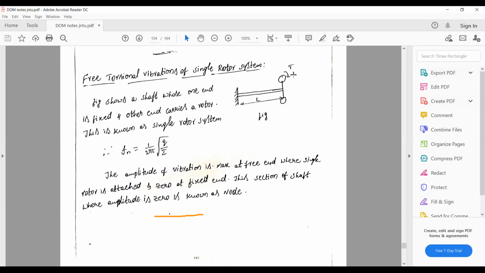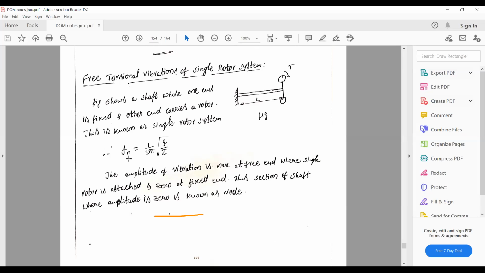The rotor is given some motion, which gives a twisting of the shaft. Then you have to find the natural frequency.